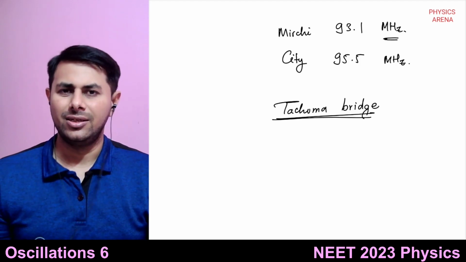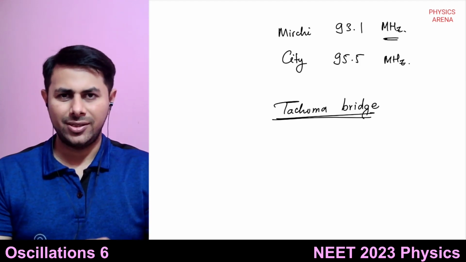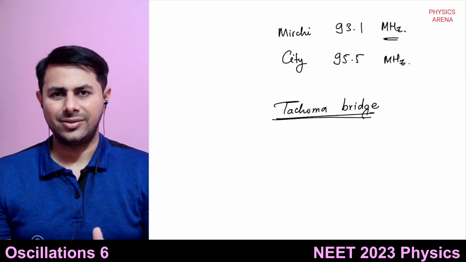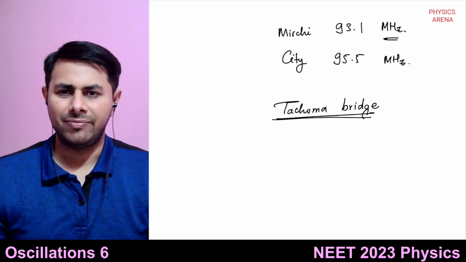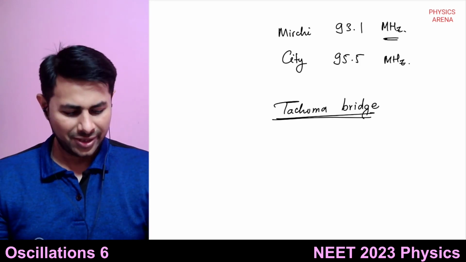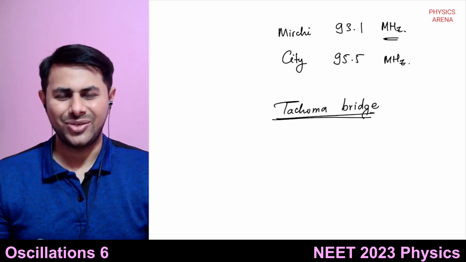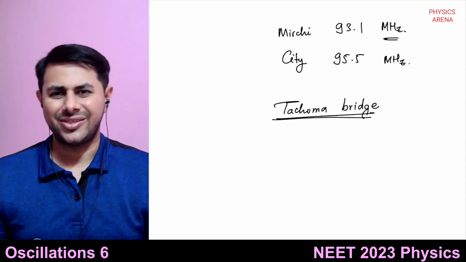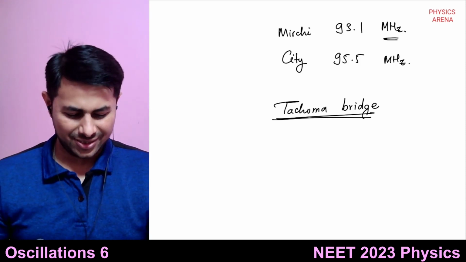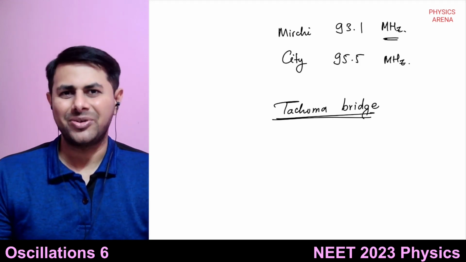The natural frequency of oscillation of the bridge matched the blowing wind, so the bridge collapsed. It happened within a few months. It was a very huge bridge. You can watch this video and you will come to know how devastating the phenomenon of resonance can be.